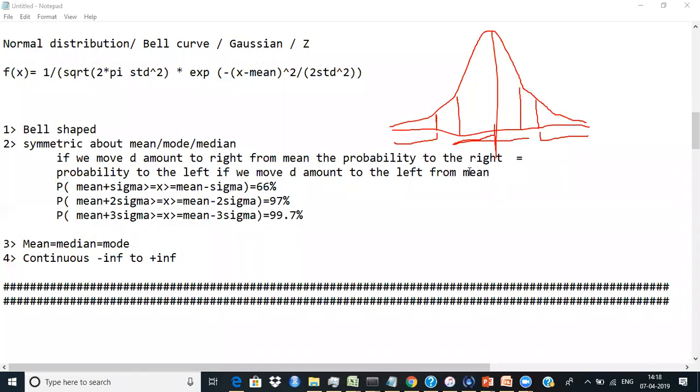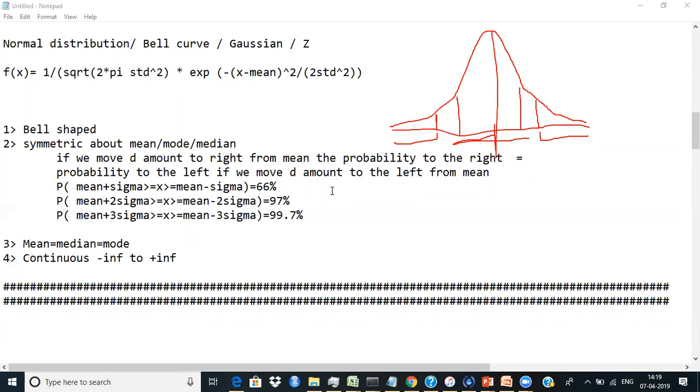Mean is a point, and a point you can show in a graph. But how do you show a spread? It is not possible to show a spread in a graph directly. You can show it as a consequence: between mean plus minus the spread, I have 66% of the probability.